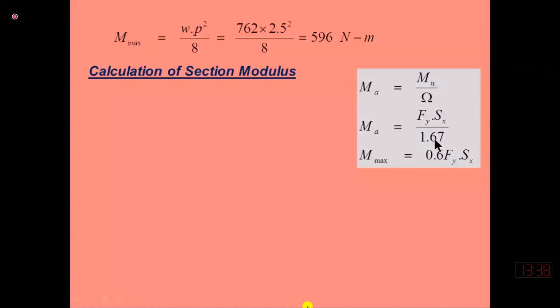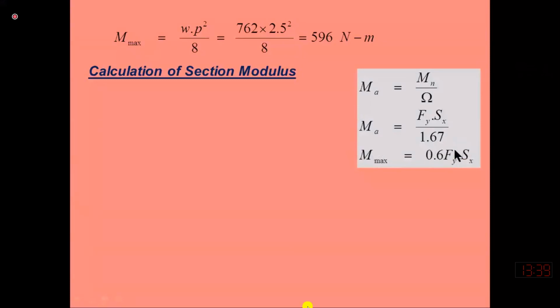MA is the applied bending moment, which is M maximum over here, so I'm replacing MA with M maximum. If I divide 1 by 1.67, that will be equal to 0.6. So 0.6 Fy is the allowable material stress or strength if we know the type of steel.